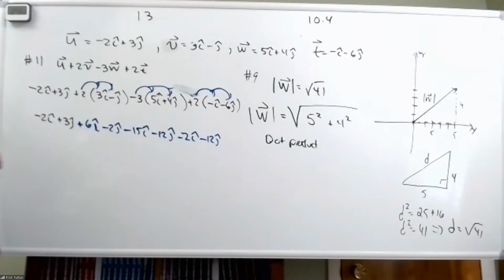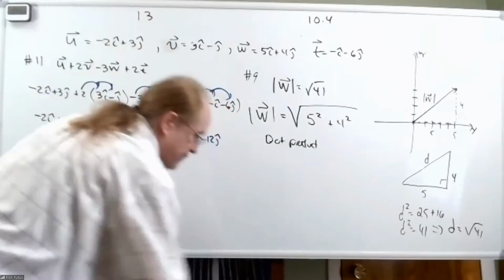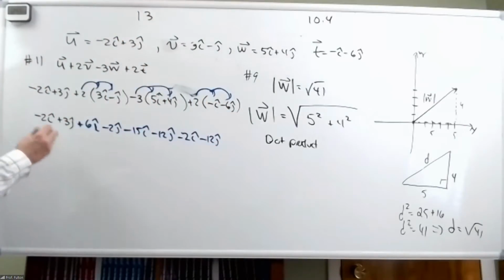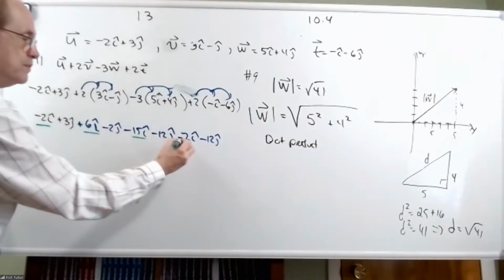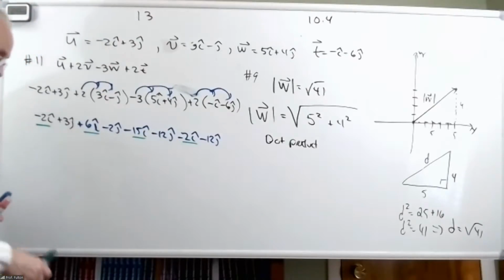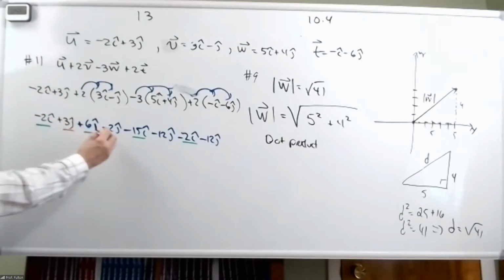So now what do I do? Well, I need to combine the like parts of these vectors. So I'm going to put all the i's together. It's kind of like doing like terms, if you will. Those will combine together, and I will also be able to combine the j terms together.